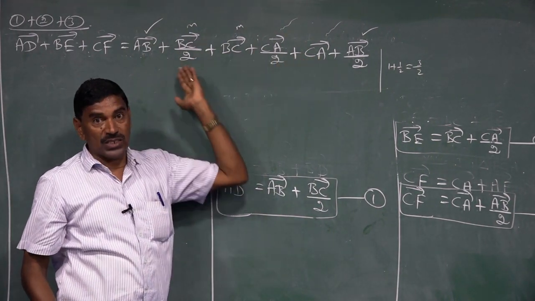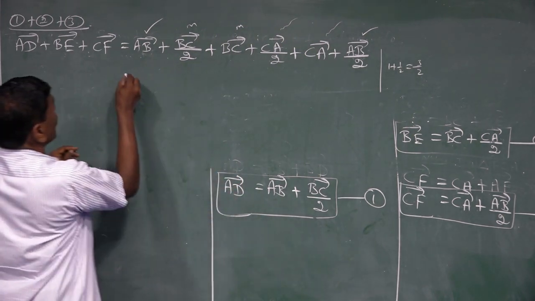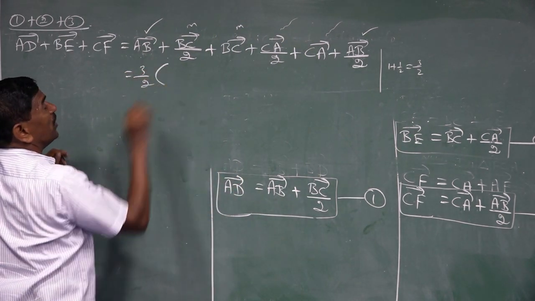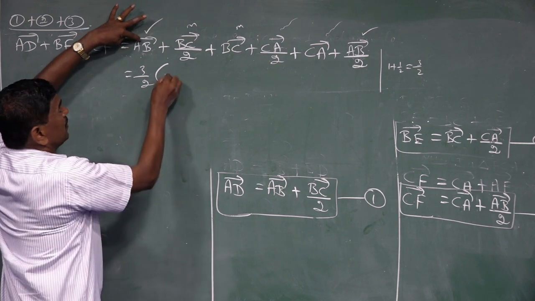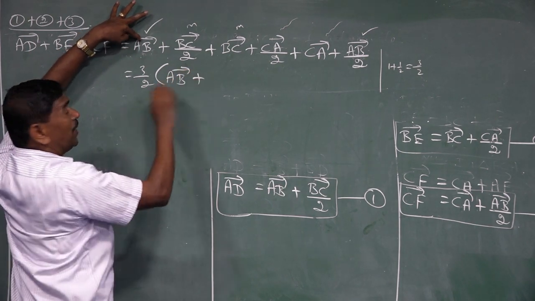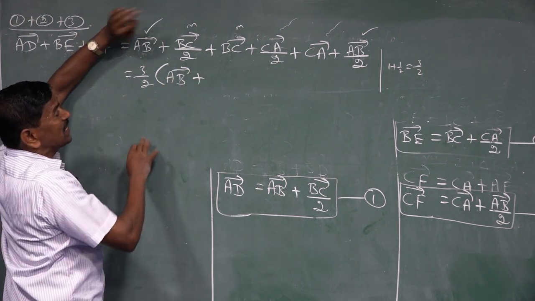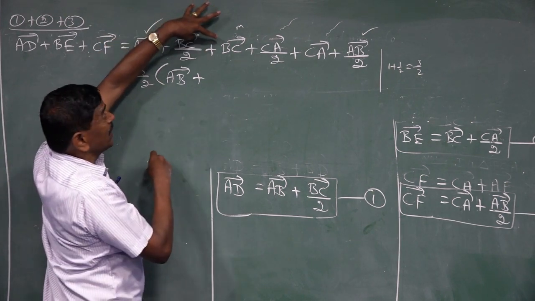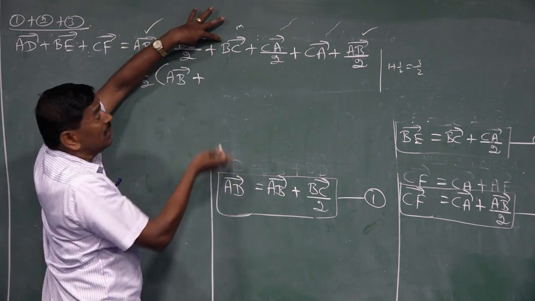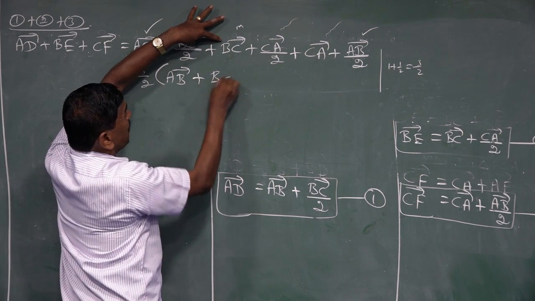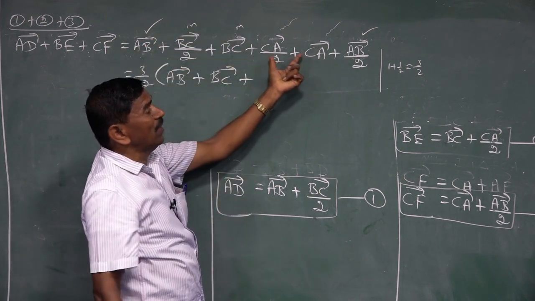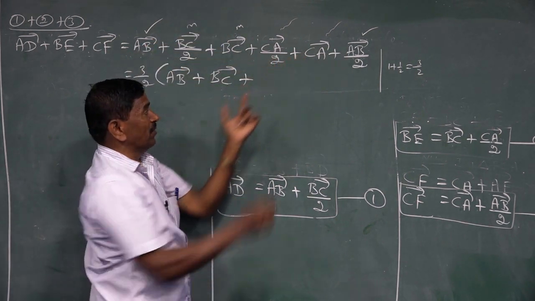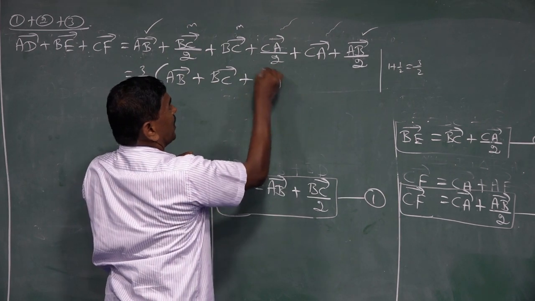Here 3 by 2 is common for our convenience. Now this is equal to 3 by 2 into AB vector plus BC vector plus CA vector.